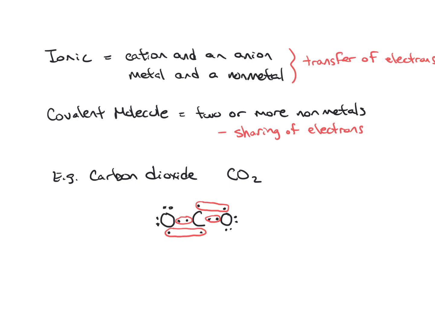And now I'm going to count the electrons that the oxygen on the right side has access to. Its own electrons first, 1, 2, 3, 4. And now shared electrons, 5, 6, 7, 8. Oxygen has access to those 8 electrons, so it is full, it is stable as well.